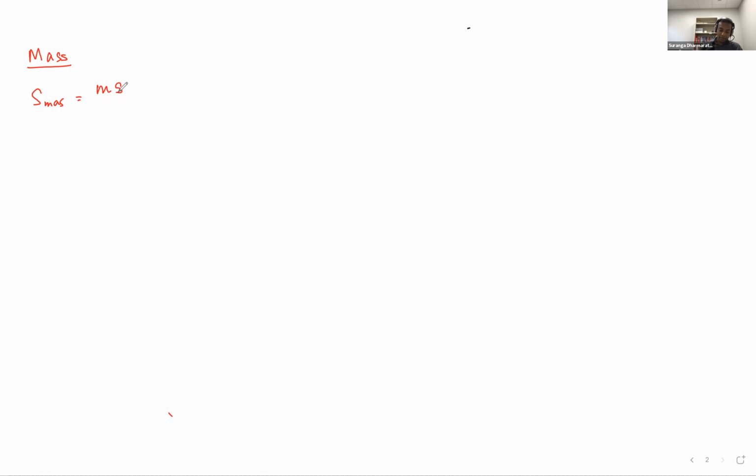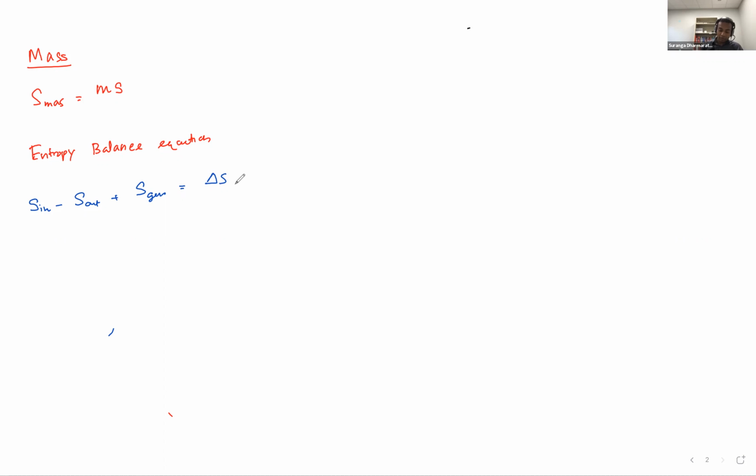Now, as I said, the entropy balance equation can be written as total entropy entering, S in, minus S out, plus entropy generation, equal to delta S of the system.